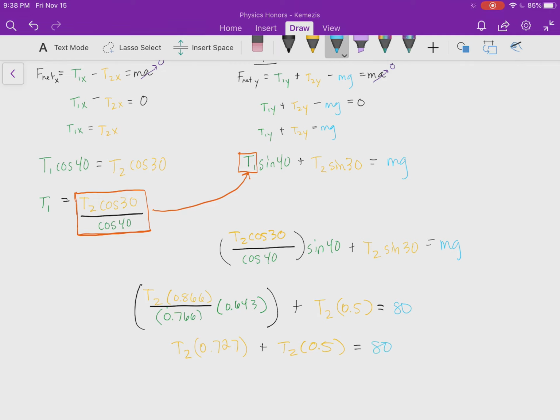We're going to say that is equal to 80. Now we have T2s and we can add them together, so 0.727 plus 0.5, we get T2 times 1.23 is equal to 80.